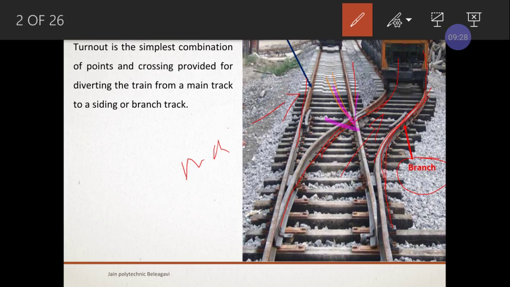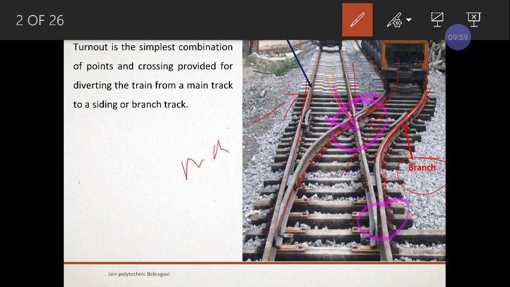Here there is a gap, and this is the nose. These are the points where the flanges of the wheel may get stuck.